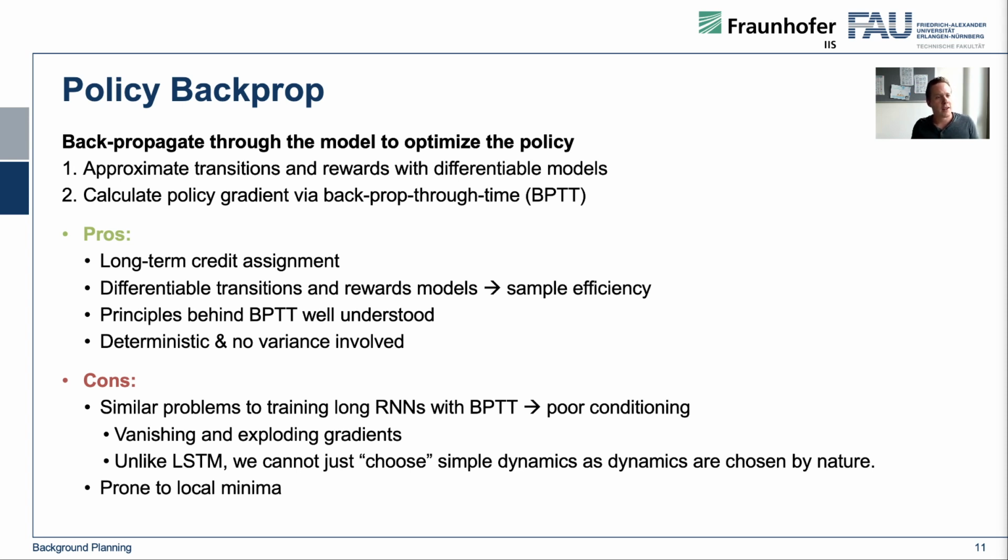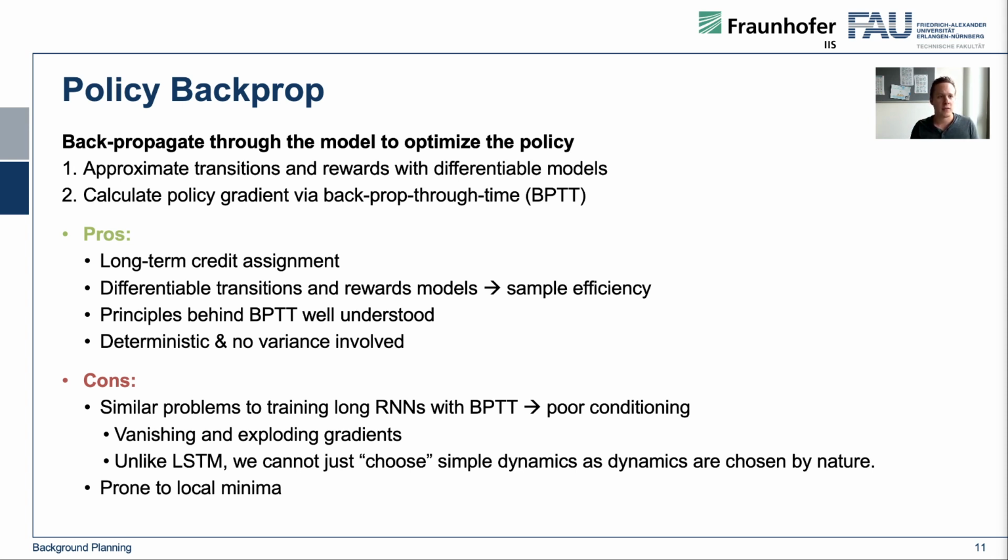In RNNs we solve this by using gates, like in LSTMs, where we have a forget gate and things like this. But we cannot just add such gates to our dynamics, because the dynamics are chosen by nature, and there's not really a sense of having a long-term memory of such things in practice. And of course, it's prone to local minima. As we train this end-to-end, there is a high chance to end up in a local minimum.